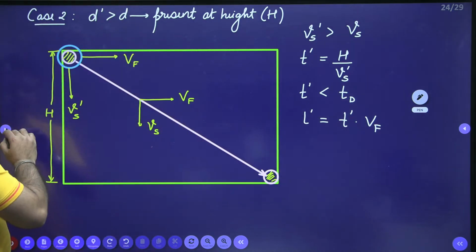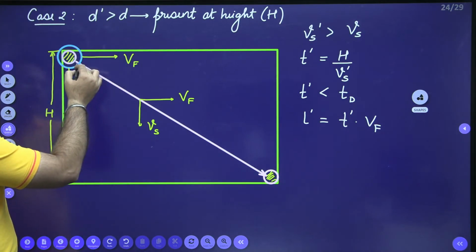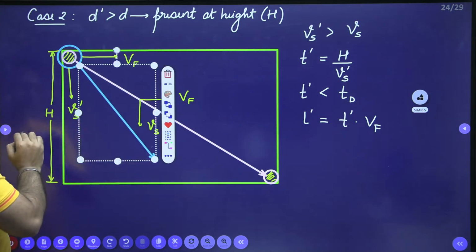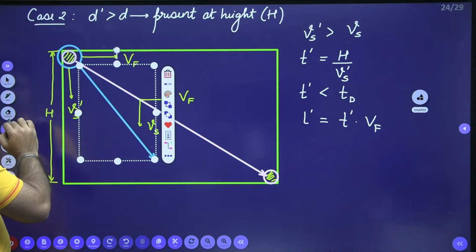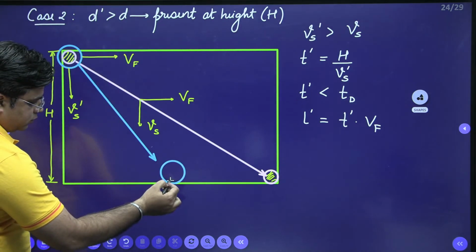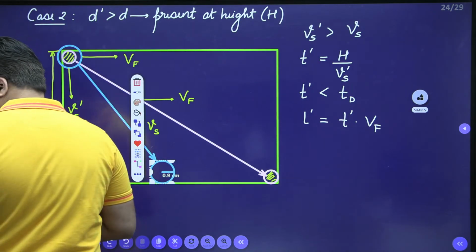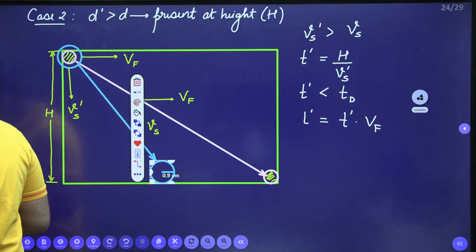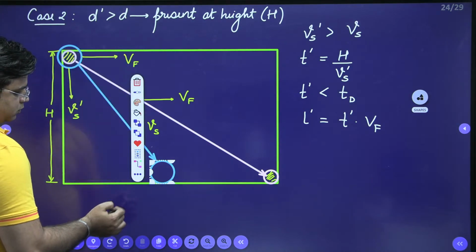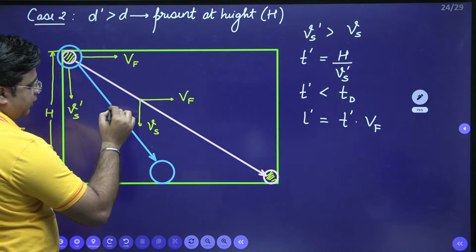So this particle will travel like this. This is how this particle will travel.